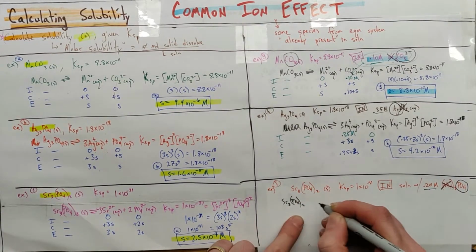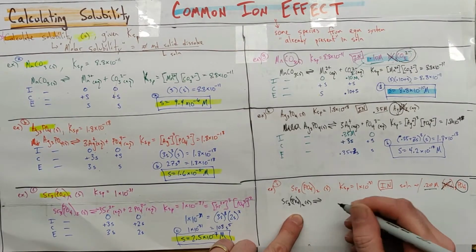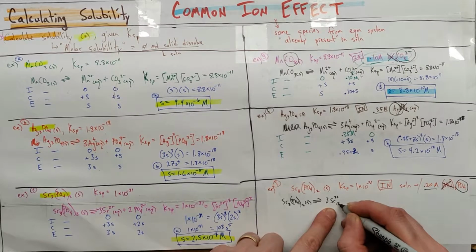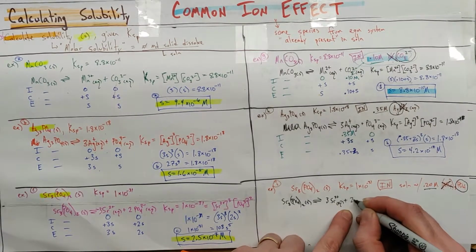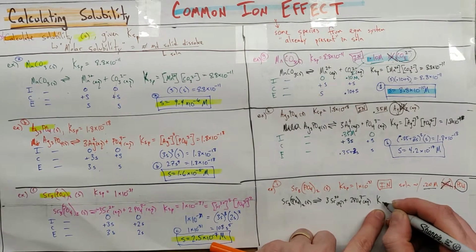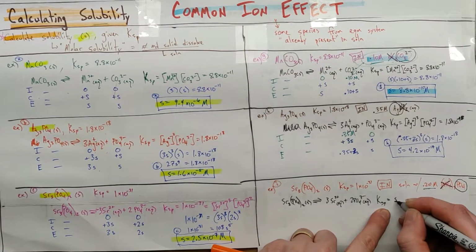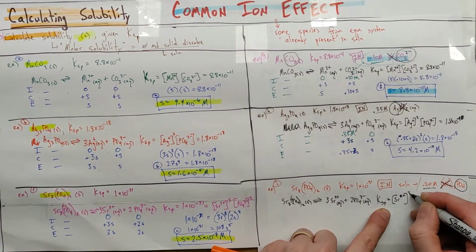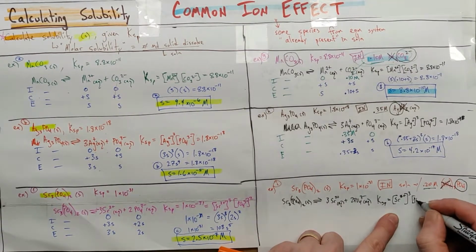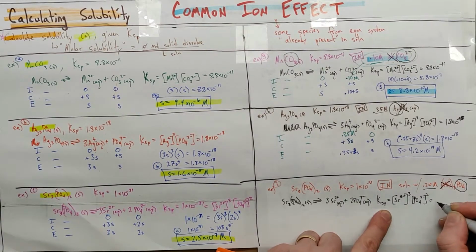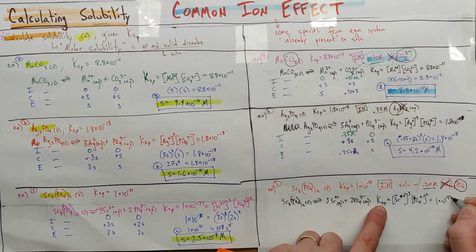Sr3(PO4)2 is our dissociation equation. These are the same every single time. We write our K expression. In this case, that's our strontium ions, cubed, times our phosphate ions squared, and we should have 1 times 10 to the minus 31st.